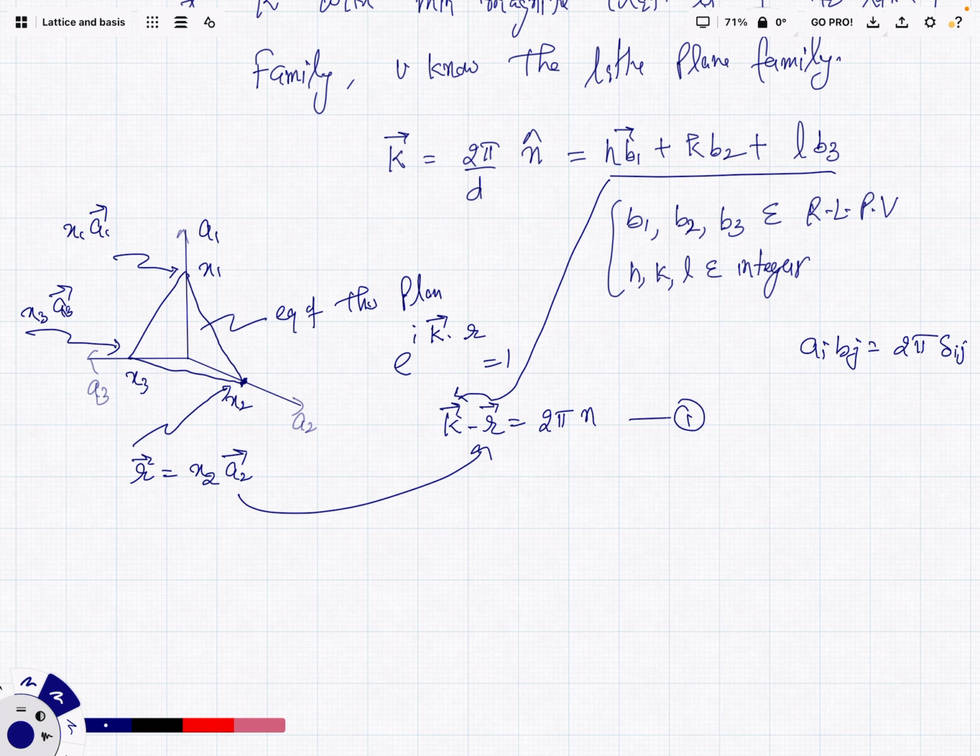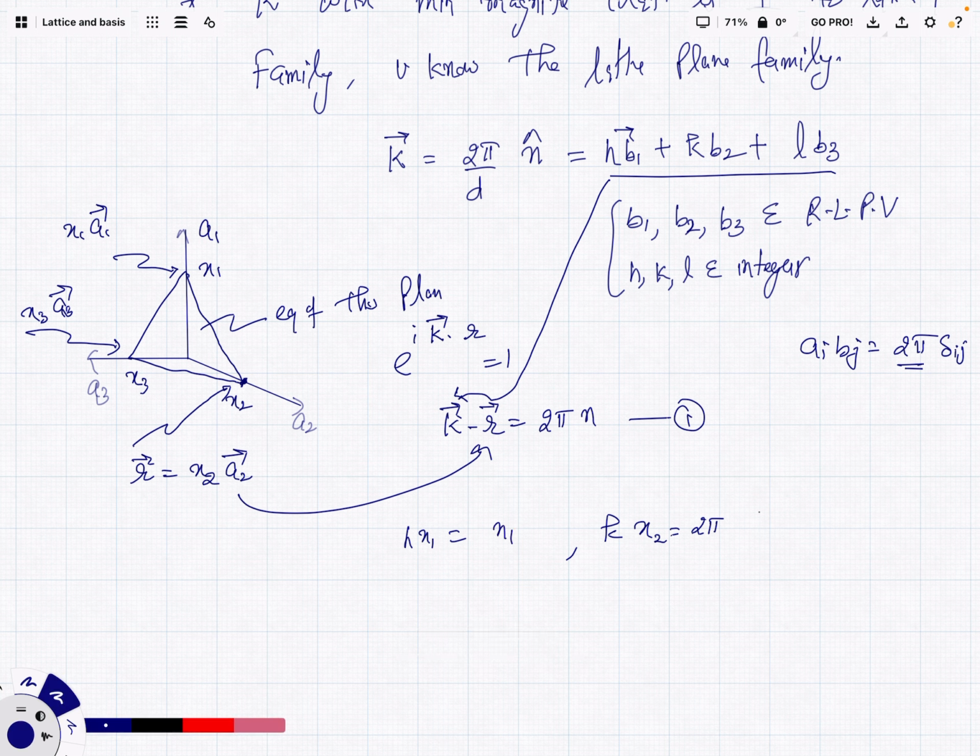So this is H into x1 is equal to 2 pi into n. The 2 pi will go anyway, and it could be any integer, so let me put n1.